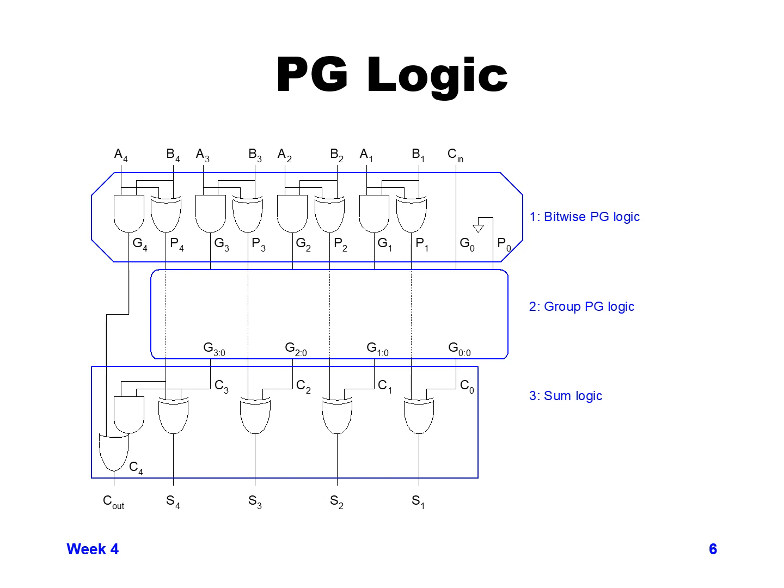Our final carry out depends on the bit 4 propagate as well as the generate from bit 4 and the generate from all the previous bits. So that gives us the logic that we need, and we just need to look at how we do that group PG logic in the middle in order to make this a functional adder.